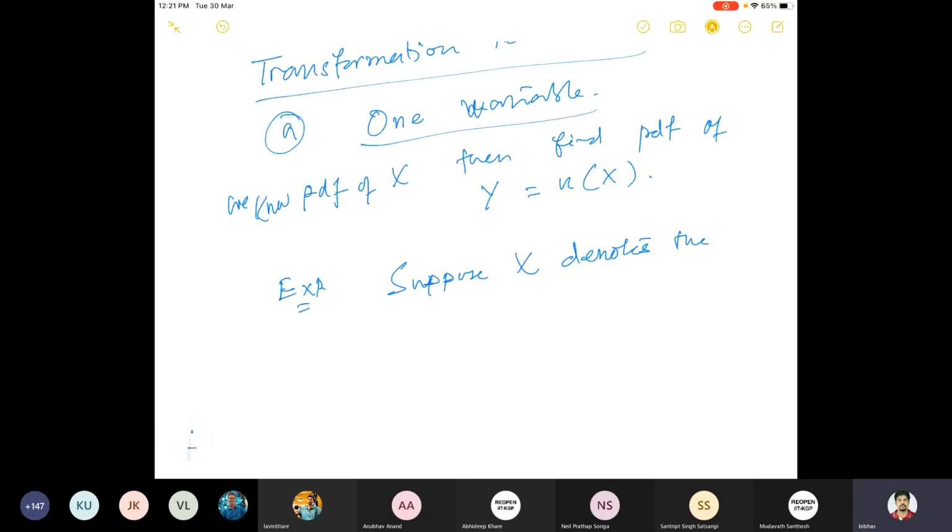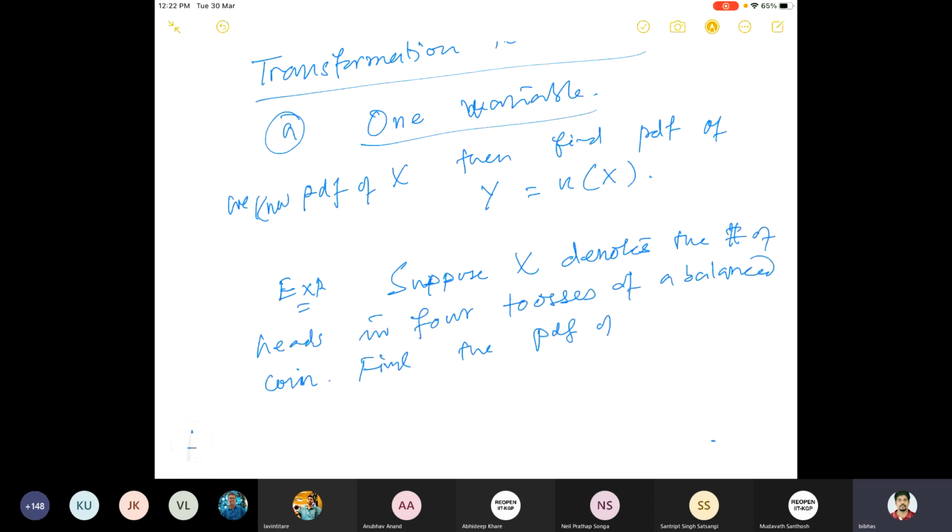This is what is given. Then the question is to find the PDF of Y, which is equal to 1 by 1 plus X.